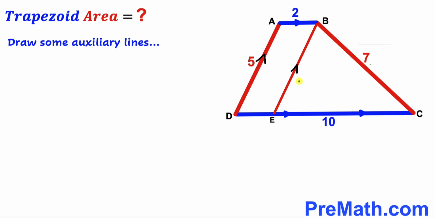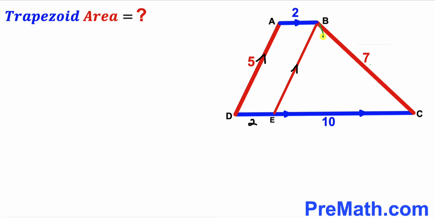As you can see in this next step, I have drawn this side BE that is parallel to side AD. So we can see that segment DE length is equal to segment AB length, which is 2. So DE is 2 units.